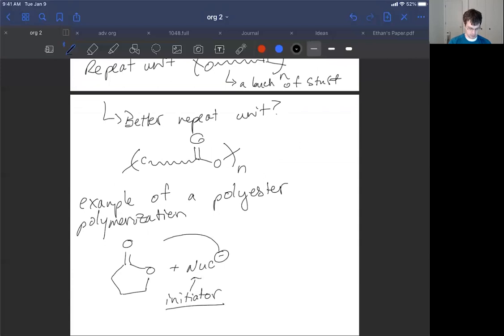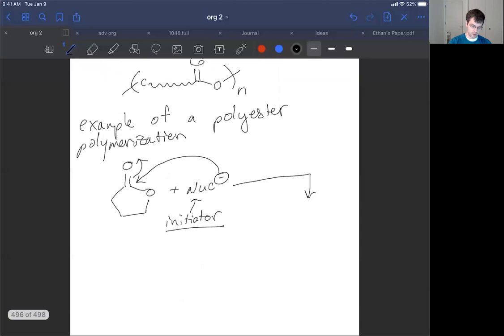We're going to take our nucleophilic initiator and add to the carbonyl carbon. This is what we've done so far with all of our carboxylic acid derivatives. We first add, that then takes our sp2 hybridized carbonyl carbon and converts it into something that's sp3. And so we call that our tetrahedral intermediate.